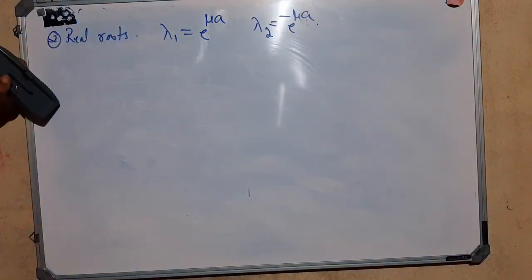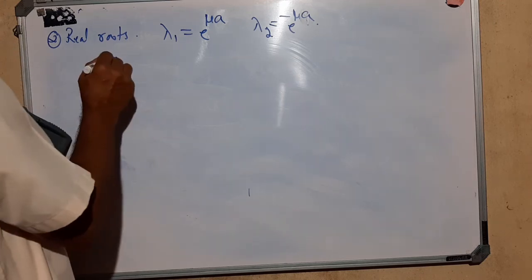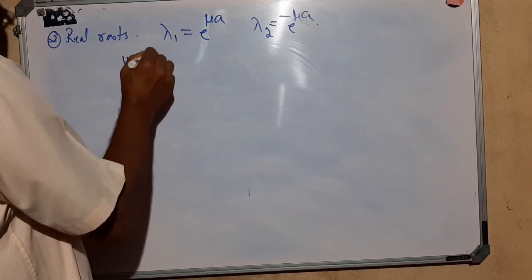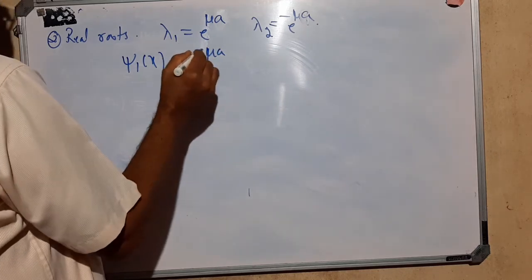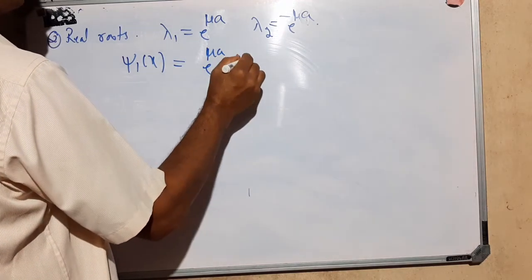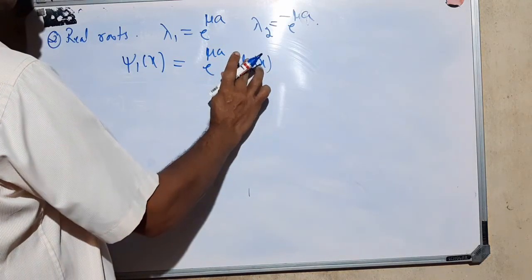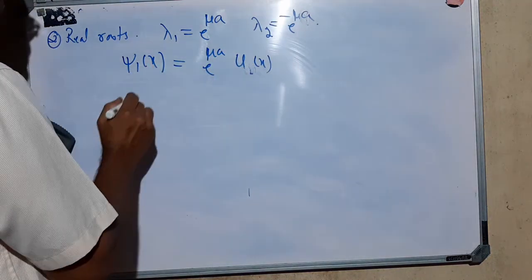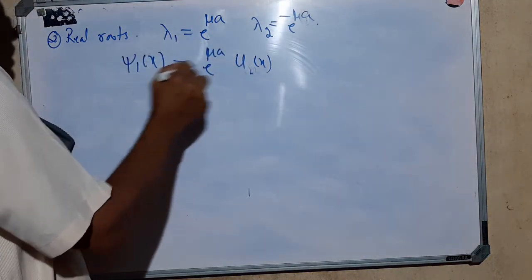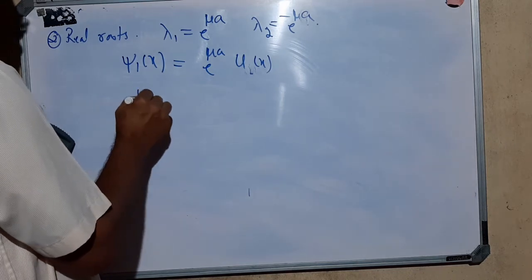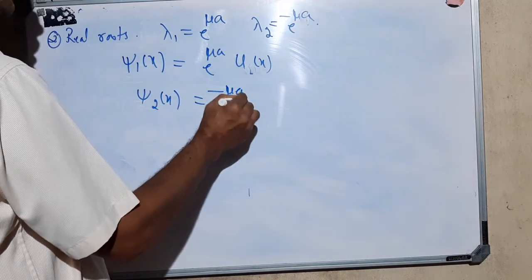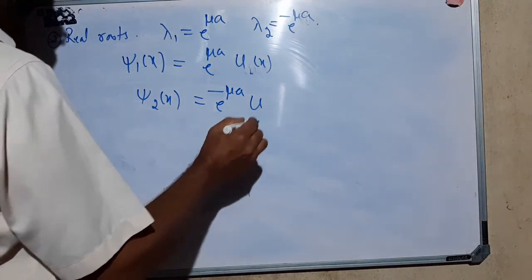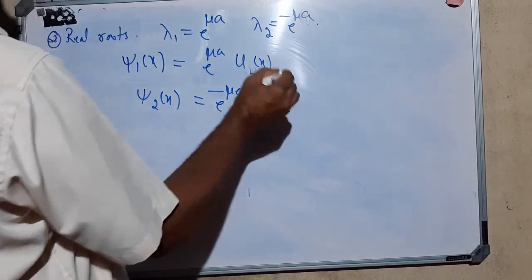That is, ξ1 of x is equal to e to the power mu a into u of x, simply u of x because it is not imaginary, so k won't come. ξ2 of x is equal to e to the power minus mu a into u of x.